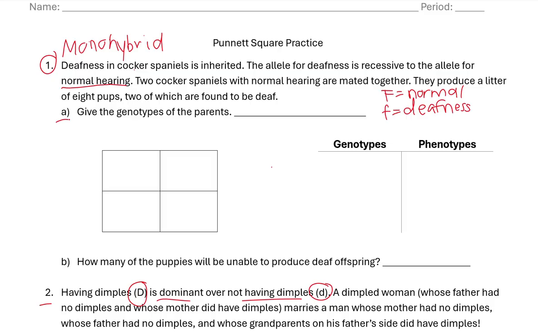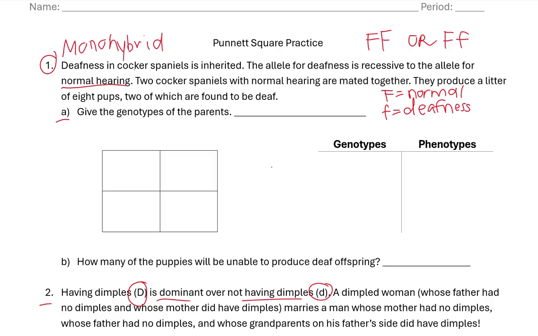Now, if you have a Cocker Spaniel with normal hearing, you have to be either homozygous dominant or heterozygous. Both of these would display the dominant trait, which is normal hearing.